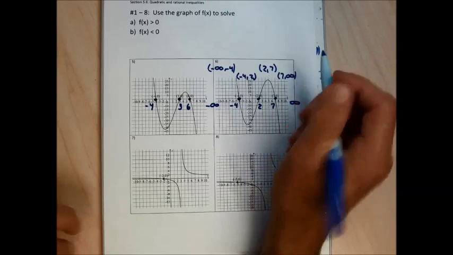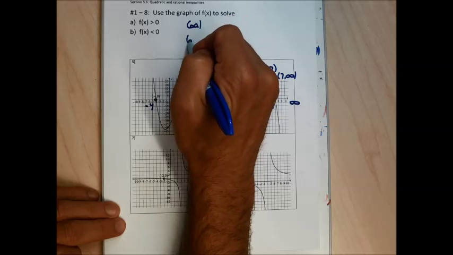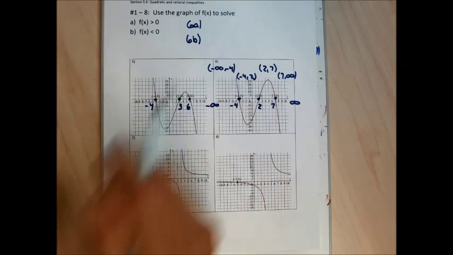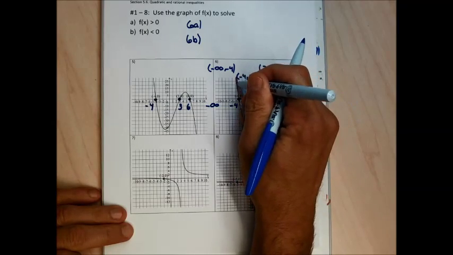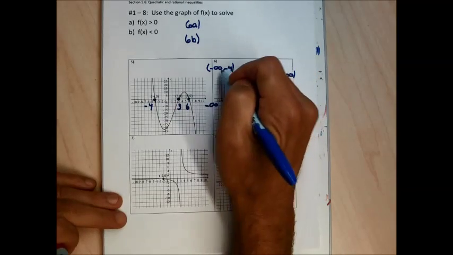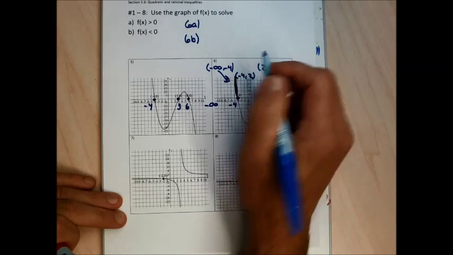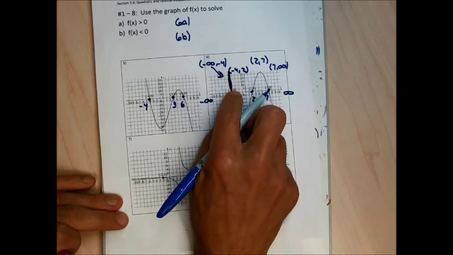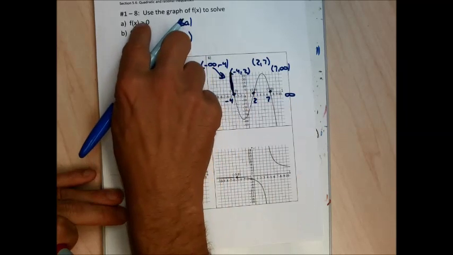And as I go to answer 6A and 6B, 6A is looking for regions where the y's are positive, or the graph is above the x-axis. The first part of the graph corresponds to the interval negative infinity to negative 4, and in that region, if I look to the y-axis, the y's are positive, so the f of x is bigger than 0.